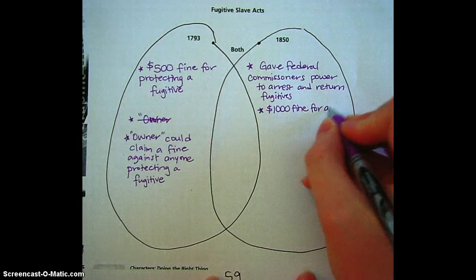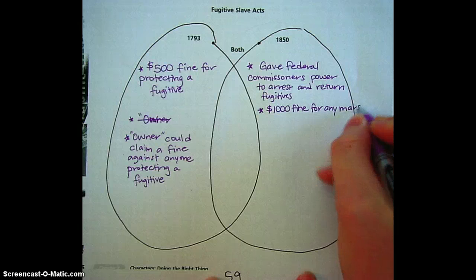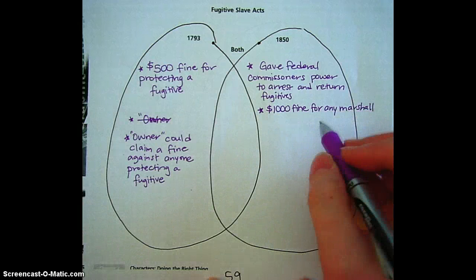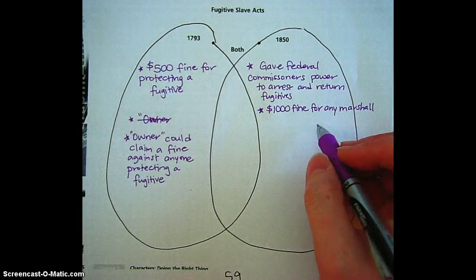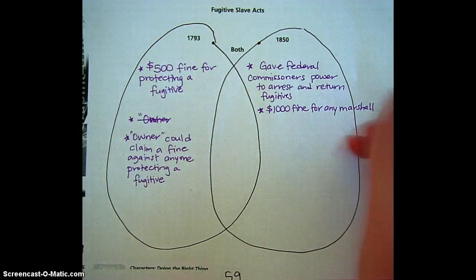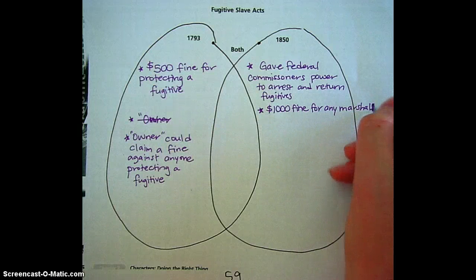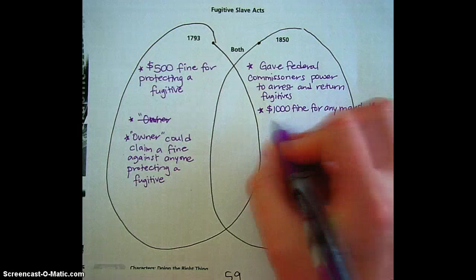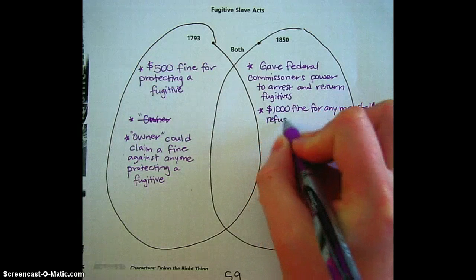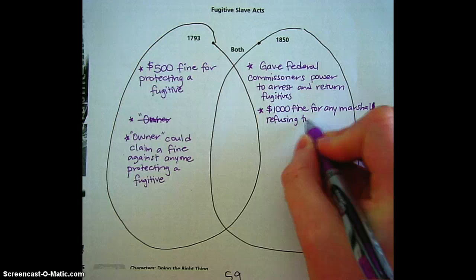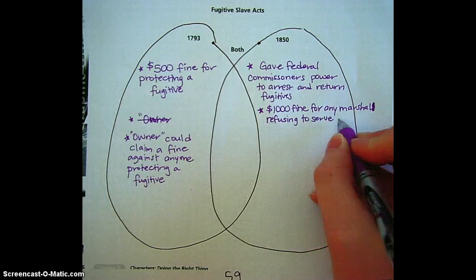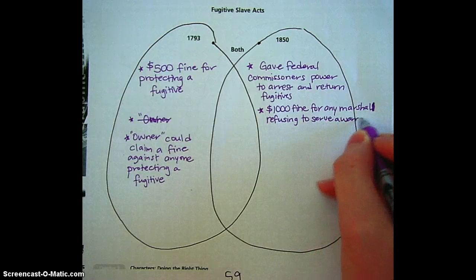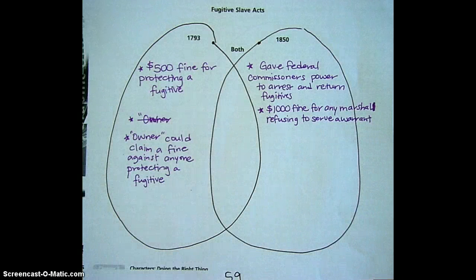for any marshal. I'm going to write outside the line here, and I'd encourage you to do the same. There's a lot on this one in 1850. Fine for any marshal refusing to serve a warrant. Remember we talked about warrants early on in this year.